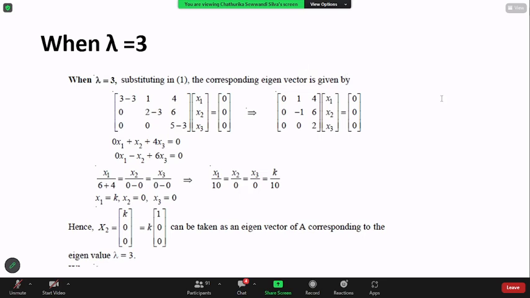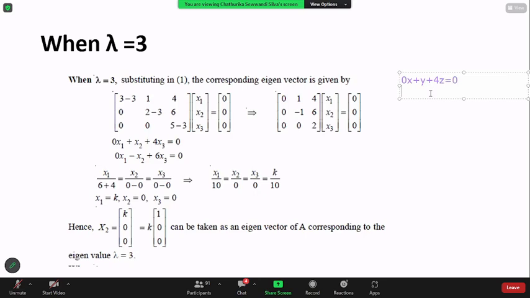Again, I'm writing with my notation, x1 is x, x2 is y, x3 is z. In my case, the equations are: 0x plus y plus 4z equals 0.